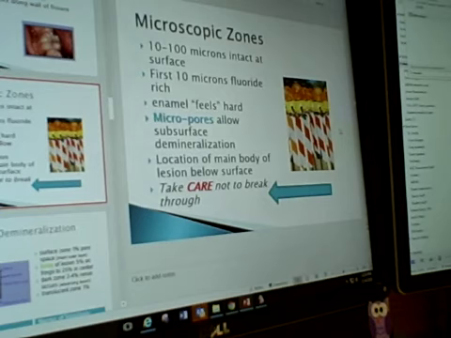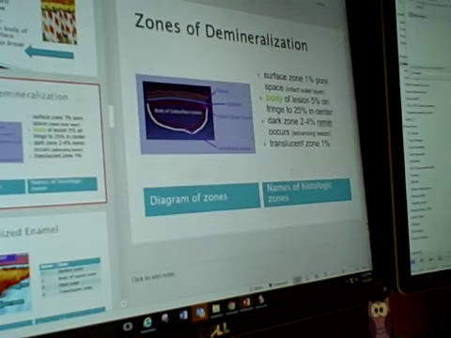Because on a microscopic level, like I showed you in that picture earlier, there are some areas between the enamel rods. So we want to be careful not to break through as we're taking our explorer. We want to make sure we don't break through the enamel. The surface zone, there's only 1% of porous space, but as we get into a lesion, there's more and more areas that we could break through and break into.